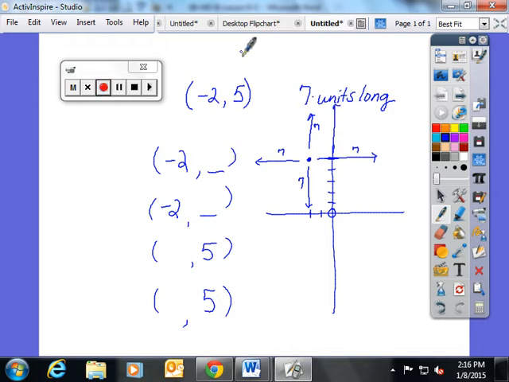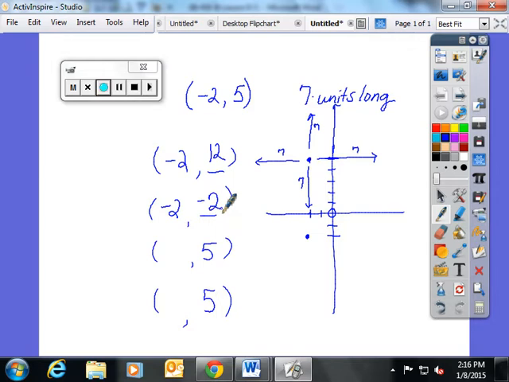So 5 plus another 7 would be 12. Now you have to think about taking 7 away from 5. Well, if you took 7 away, here's 5 away, and you would need another 2 more to have a total of 7. So that would be -2, -2.